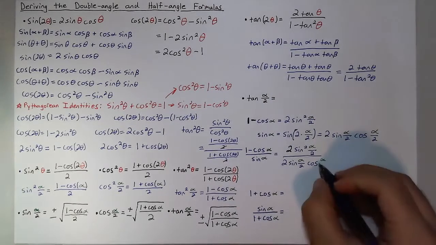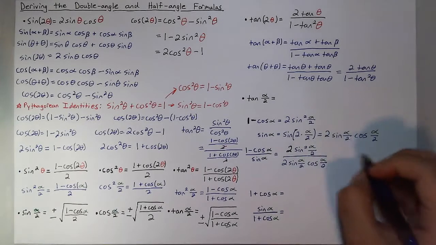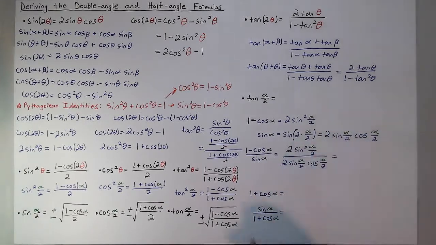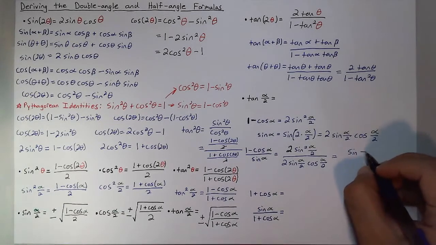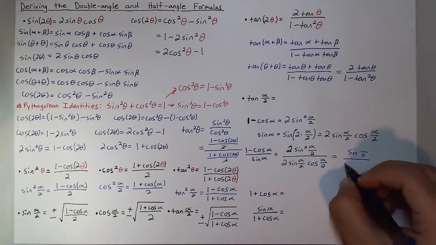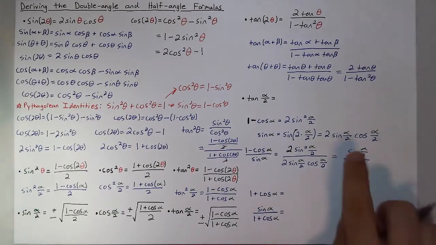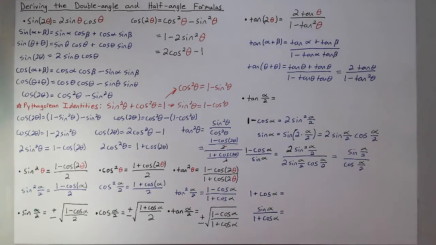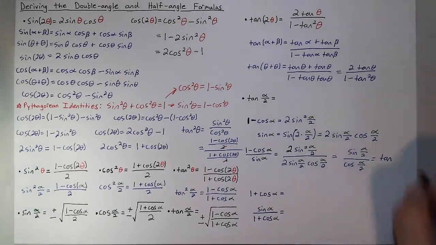And now that I've written it this way, one of the sines in my numerator can cancel out with that sine in the denominator, and the 2's will cancel, leaving me just sine of alpha over 2 over cosine of alpha over 2. Which, by the quotient identity, is just tangent of alpha over 2.